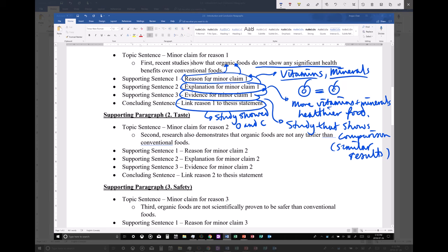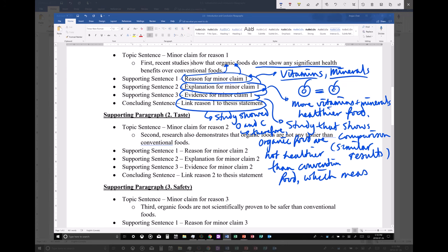Therefore, organic foods are not healthier than conventional foods, which means if they're not healthier, that was your first point.